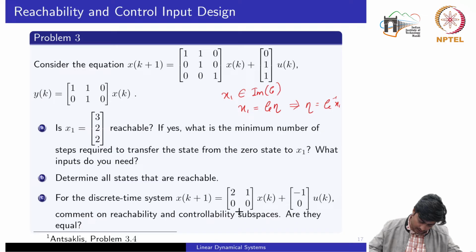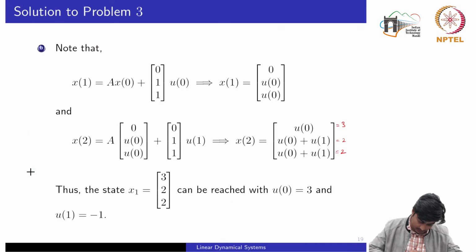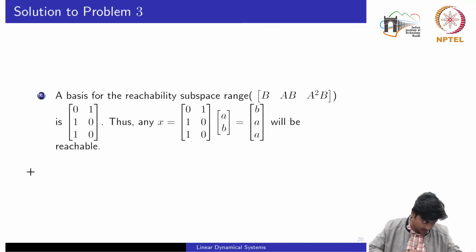Okay, before that I think we have skipped this part, which is to determine all states that are reachable. Here it is written B, and so it should be B. So you can compute the basis for the reachability subspace, which is given by the range space of this controllability matrix.